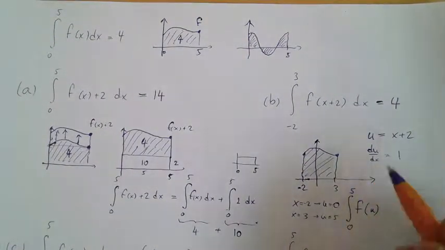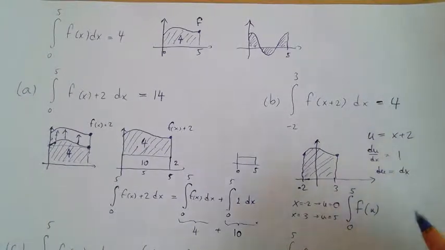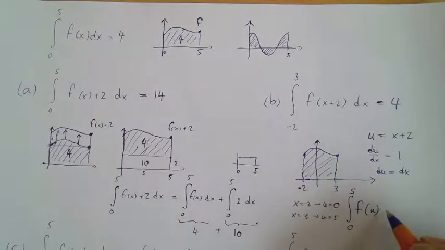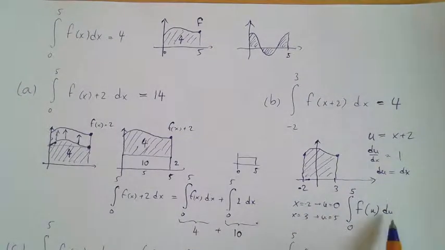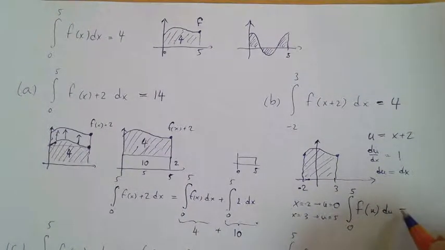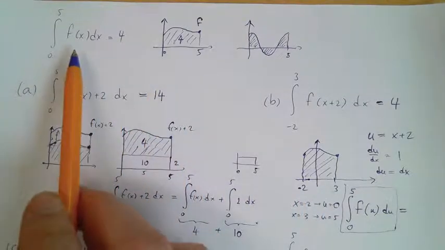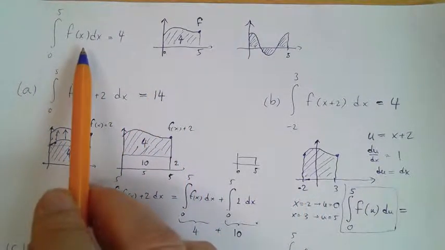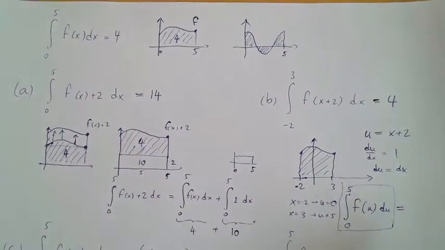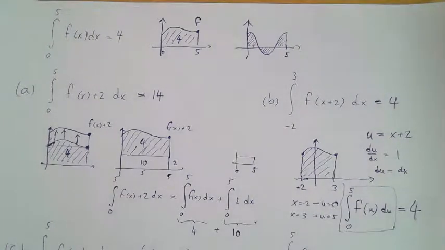So if I multiply by dx, I get du equals dx. So I don't have anything to change. I can just say that this is du because it's equal to dx. And now, when we just focus on that, it's exactly what we have up there. We just changed all the letters, but the meaning and the area defined is exactly the same, so this would be equal to 4.